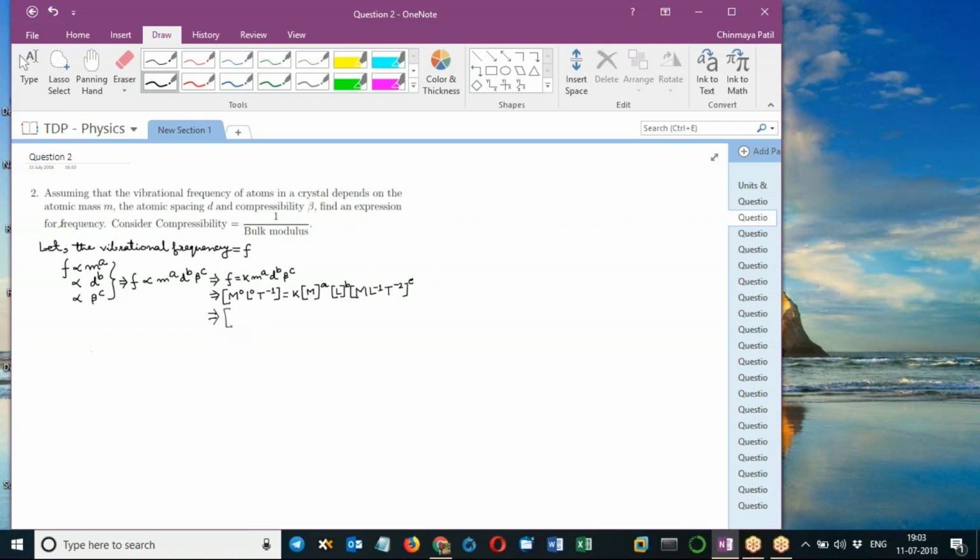On the left hand side we get M to the power 0, L to the power 0, T to the power minus 1, which is equal to k into, if you see M to the power a and M to the power c, so it is M to the power a plus c.